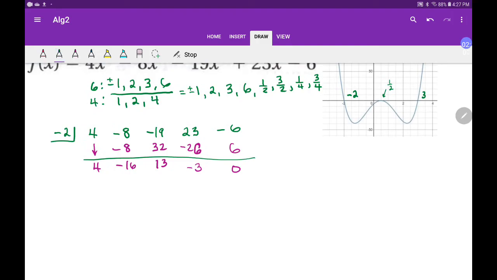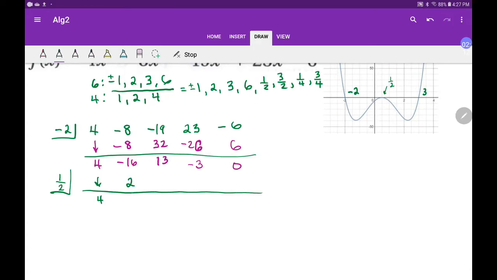Let's try the 1/2. The negative, no, it's +1/2. And so I bring down the 4. 4 times 1/2 is 2, plus -16 is -14, times half is -7, plus 13 is 6, times 1/2 is 3, plus -3 is 0.